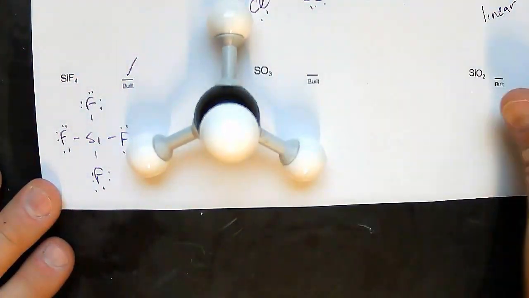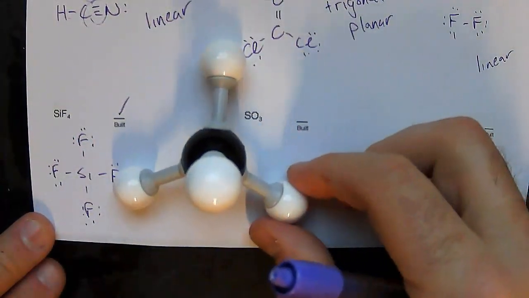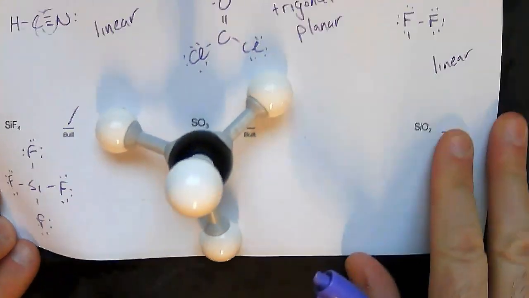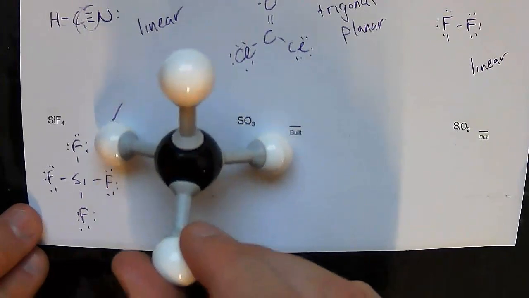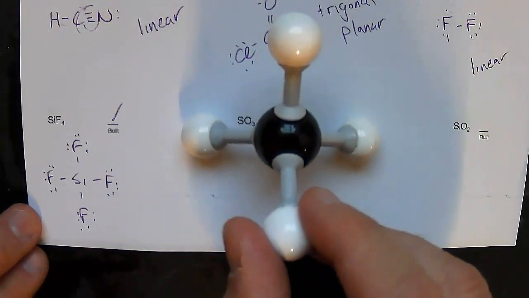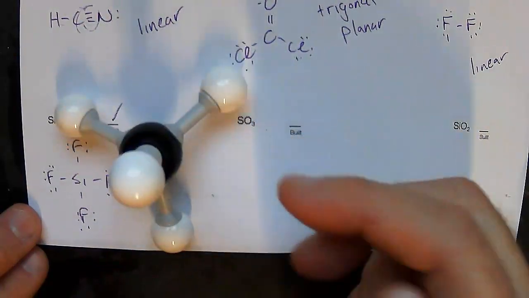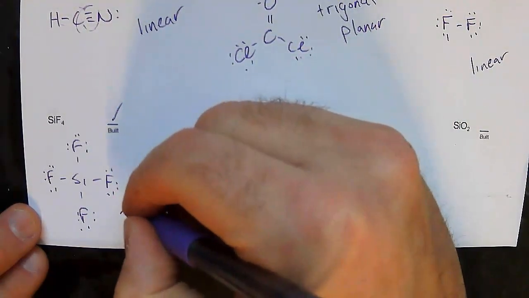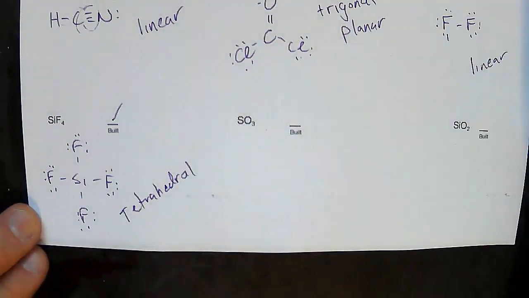Again, this is something with 4 bonding places, and it doesn't look like this when you see it here, but if I put it up, you can see how it looks like a cross, but it's not. It actually has 3 dimensions, and so this is a tetrahedral shape.